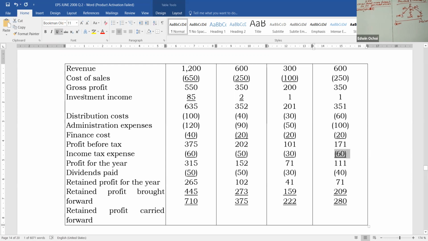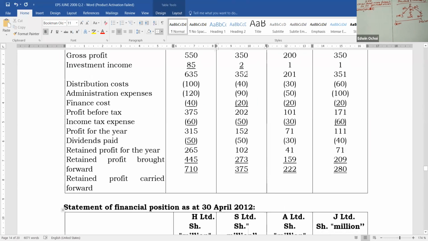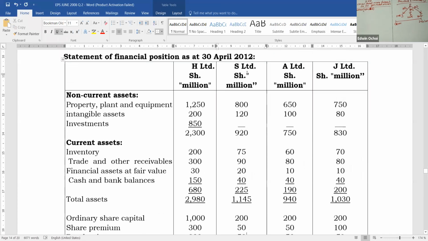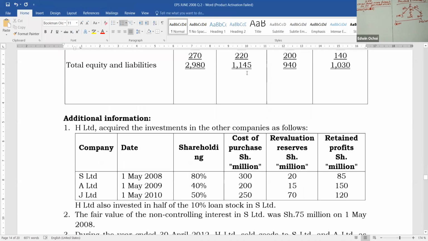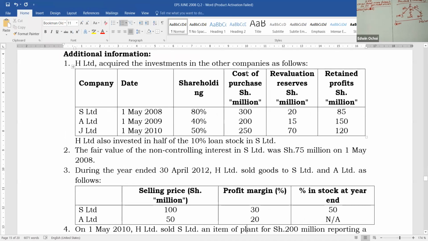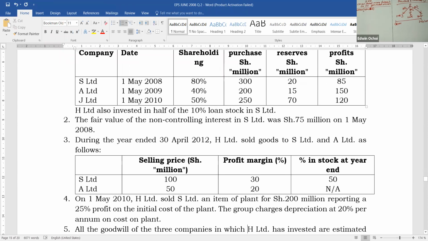So anyway, let's start. Most of the transactions I will be adding between the parent and the subsidiary. Right now I've taken the parent plus the subsidiary. Then under revenue, you only subtract intergroup sales. And the intergroup sales you subtract must be between the parent and the subsidiaries, and must have occurred in the current year under consideration.